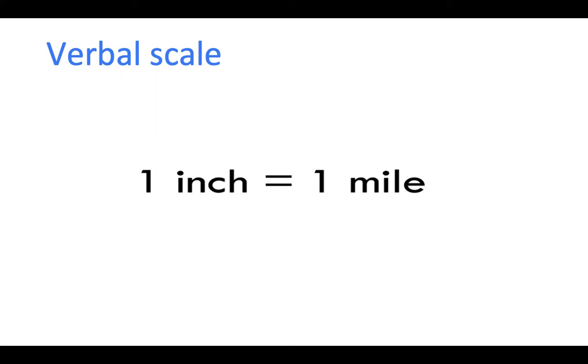So I measure 1 inch on the map. What I'm measuring, that same distance on that map, if I look in reality, it's 1 mile, right? Pretty straightforward, and that's really useful too. If you're using a map out in the field, hiking around somewhere in the backcountry, doing some kind of research or just having fun, I measure the trail, the route, whatever, and I measure 5 inches, right?